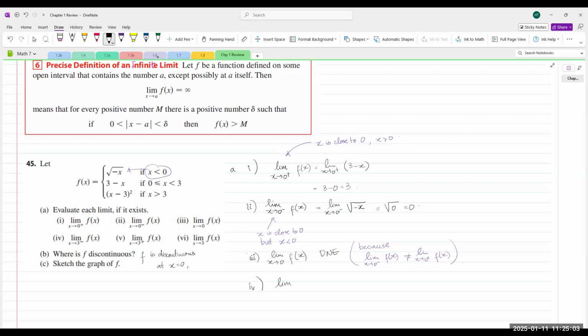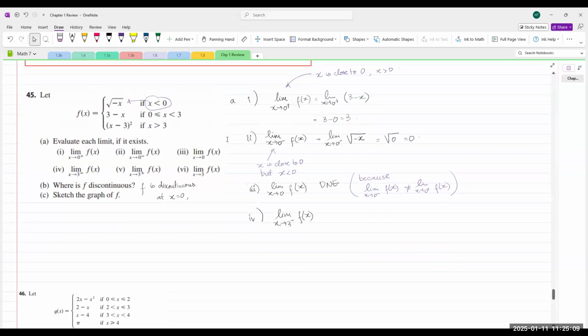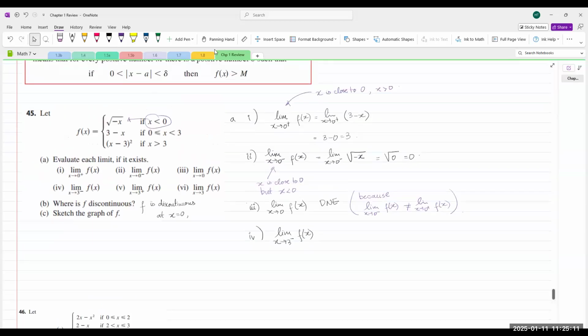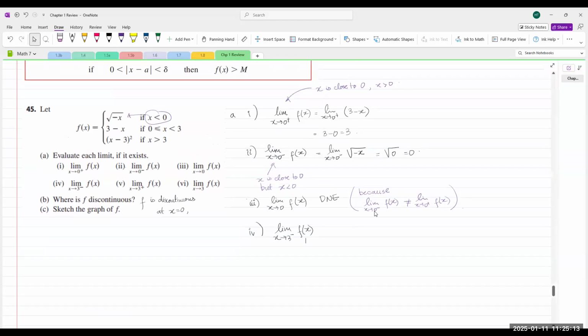Limit as x approaches 3 from the left hand side of f(x). This means x is close to 3. And you approach that from the left hand side means x is less than 3.